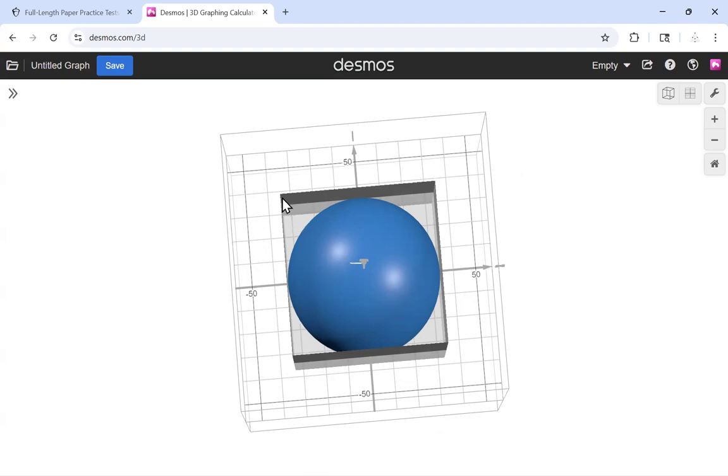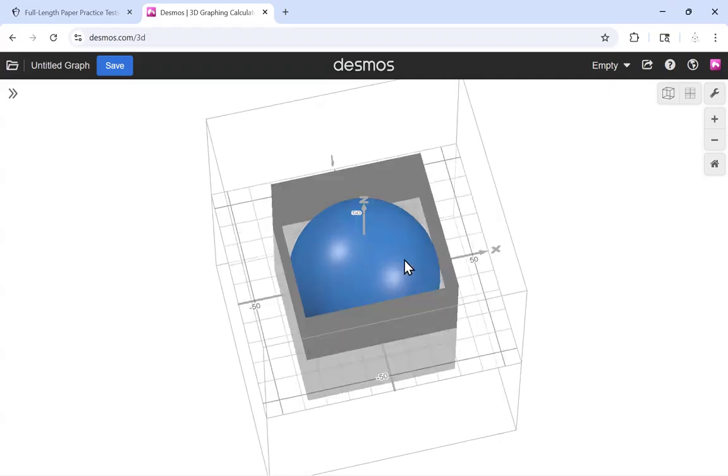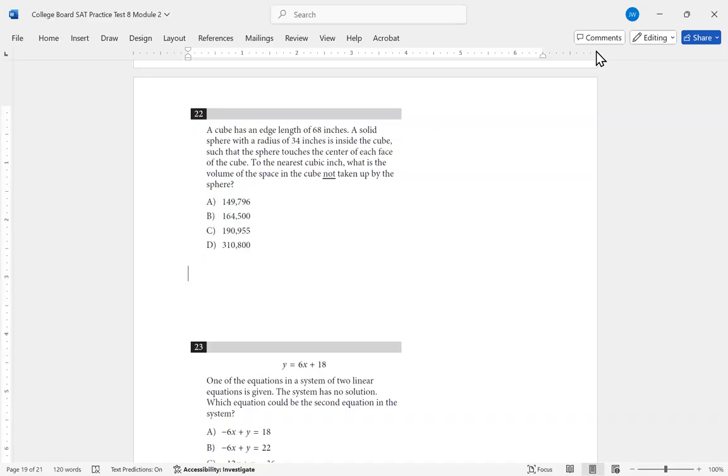In order to do that, we take the volume of this cube and we just subtract off the volume of the sphere. So that is what we're going to do.